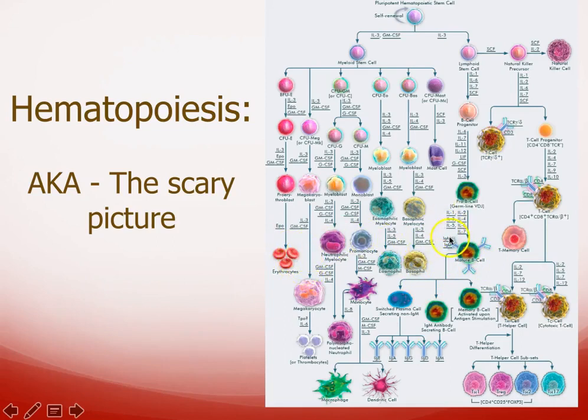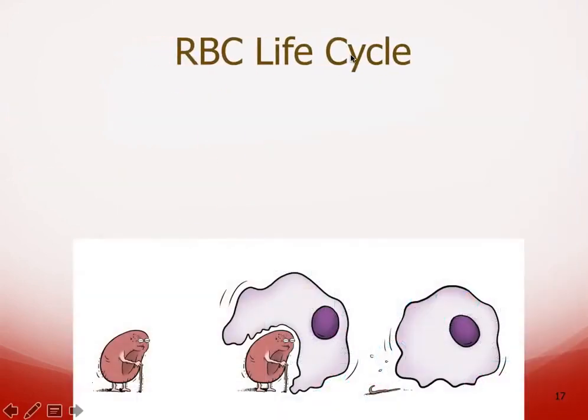Maybe you want to revisit this at the end of the lecture, and it'll make a little more sense. When we talk about the immune system, we'll really focus in on all of this, and hopefully the letters won't be so scary. The point being, we start off with this pluripotent hematopoietic stem cell, and it gives rise to all those other cells.